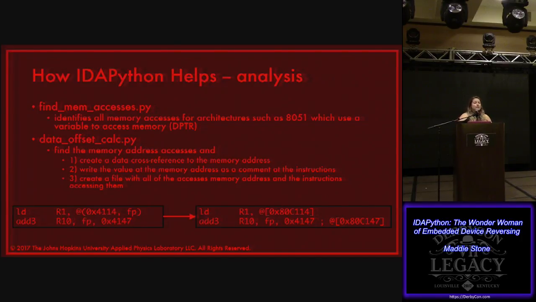So what this script will do for you is go through and look for that regular expression, which here I defined as an offset memory access using the frame pointer, or the add3 instruction using the frame pointer. It's going to first find all of those places for you. Then it will do the calculation of what the actual memory address is, adding the value of the frame pointer to the offset.